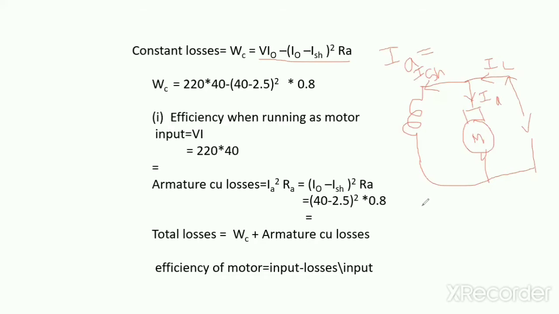Then we write down the formula for armature current: IA is equal to IL minus ISH.